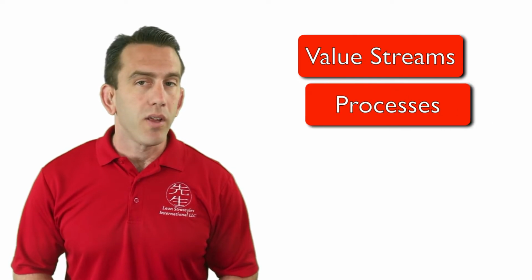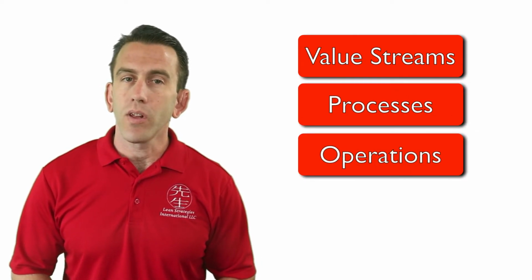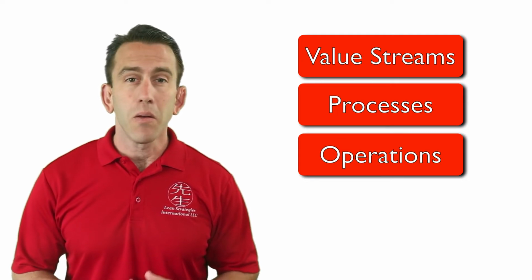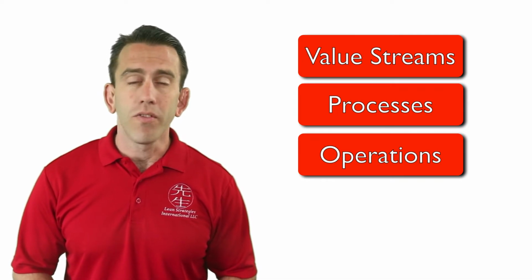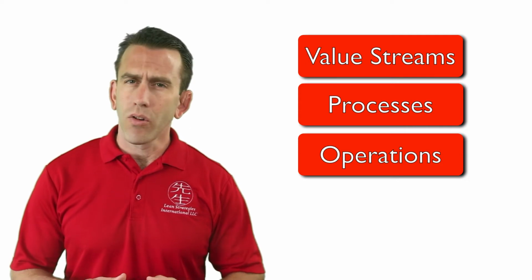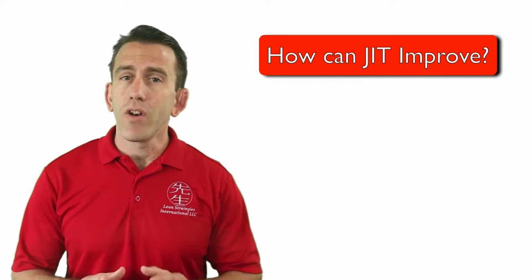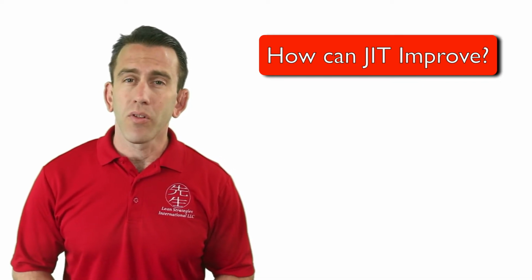With an understanding of value streams, processes, and operations, it's worth noting that all three of the above mentioned can be broken down and improved at different levels. So, how can we improve the processes and operations that we perform every day with the just-in-time system?